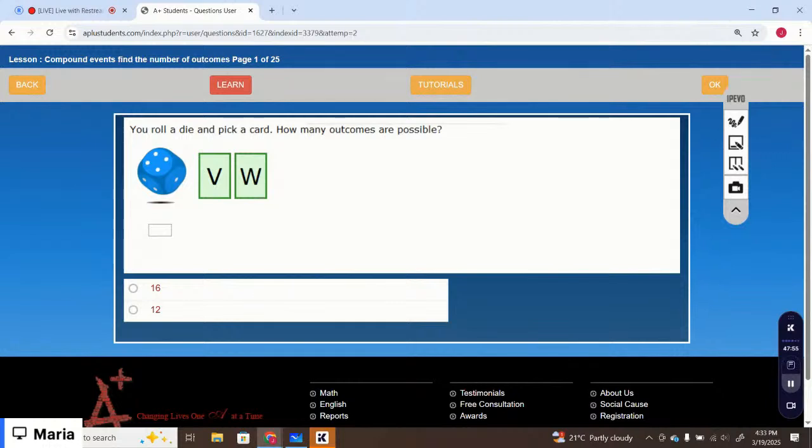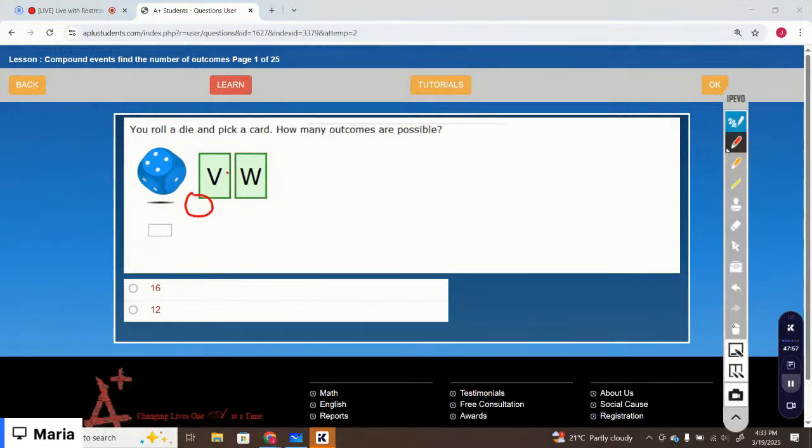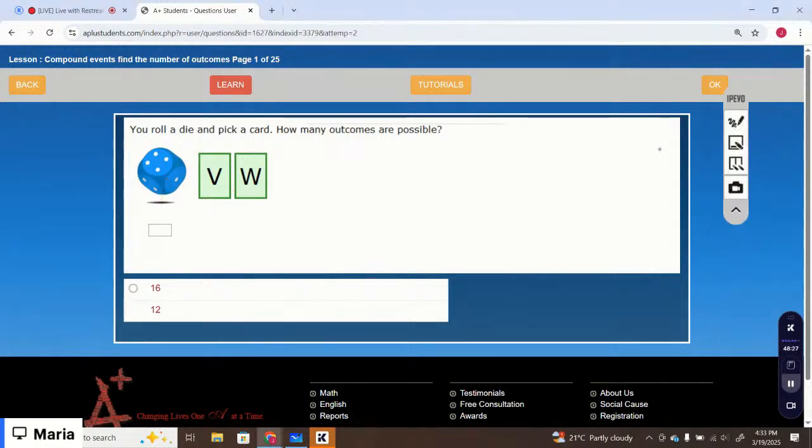One of them is a die and the other is a card with two outcomes. So the outcome of this event is 6 and this is 2. So the outcome of the combined event is 12. Option number 2 is the correct option. 12 it is.